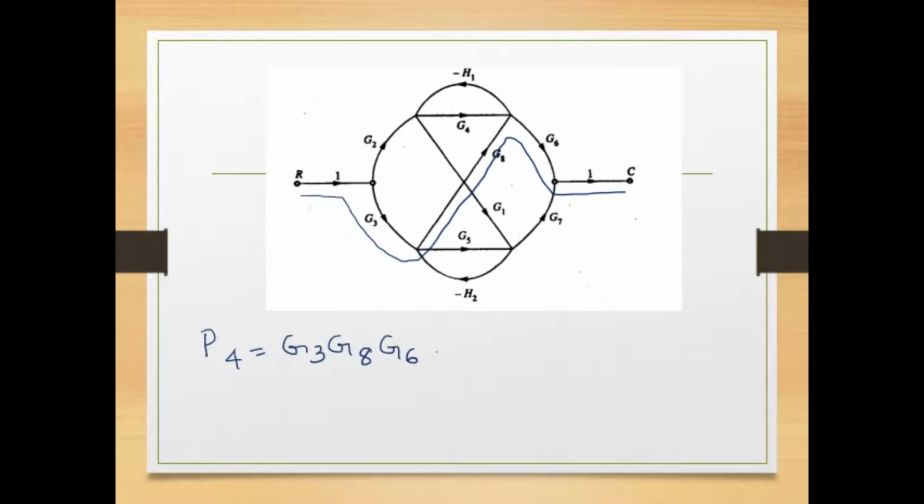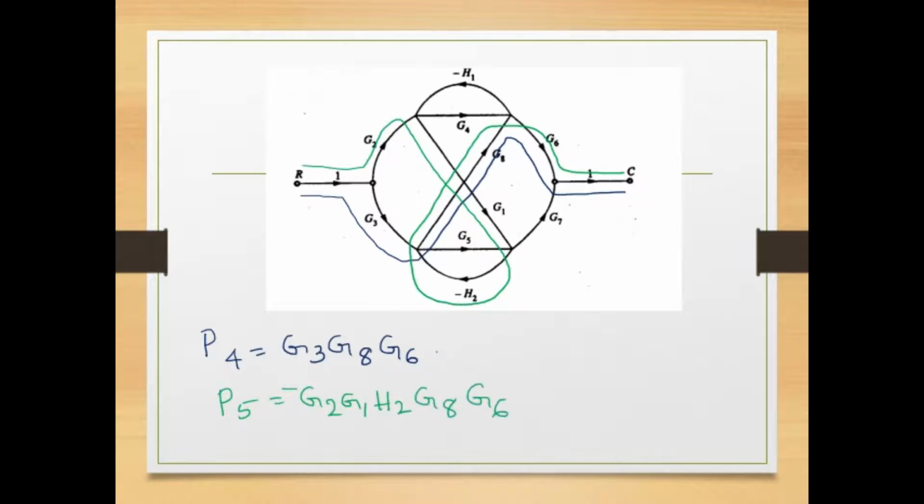The next forward path starts from the input node along G2, G1, which has to move in the forward direction itself, then minus H2, G8, G6. So the fifth path gain is G2 G1 into minus H2 into G8 into G6. This is the fifth forward path gain.